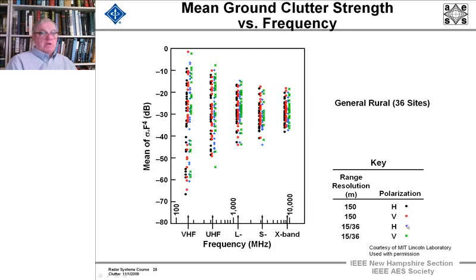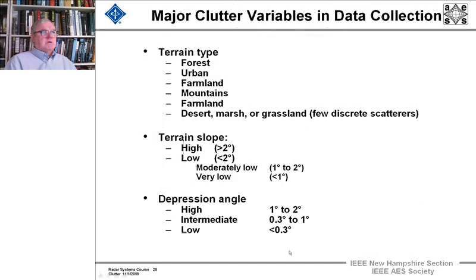And you see color-coded, hopefully those of you are looking at a color presentation and not black and white PDFs, the range resolution, and for the same range resolution, horizontal and vertical polarization are pretty much the same at 150 meters, and at 36 meter resolution of the pluses and the x's, it's still about the same. So it's pretty much independent of polarization, it seems here.